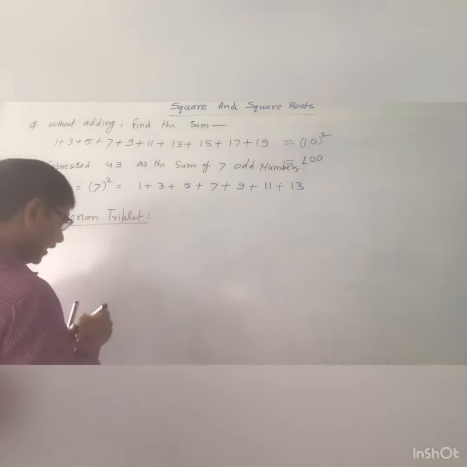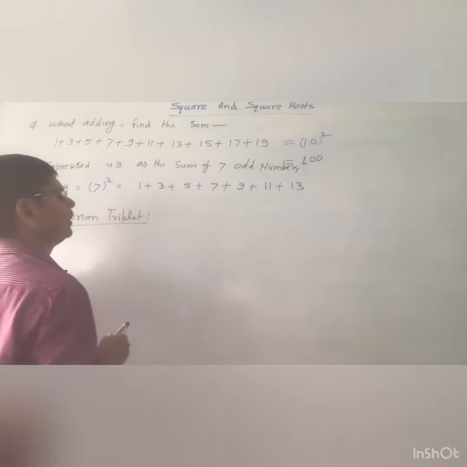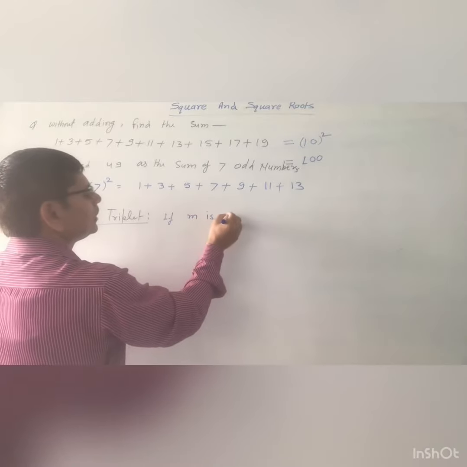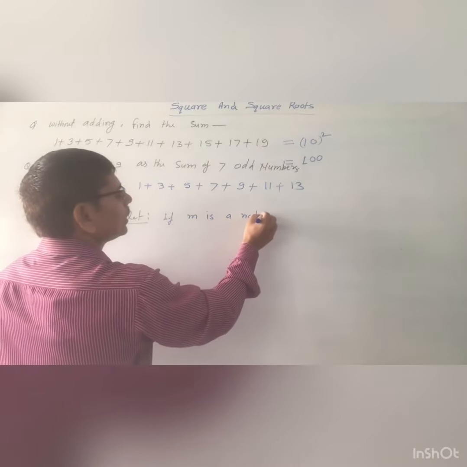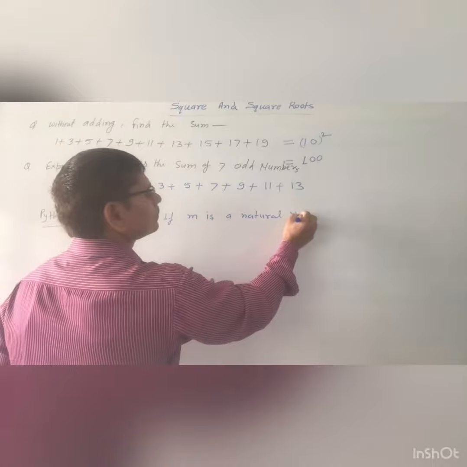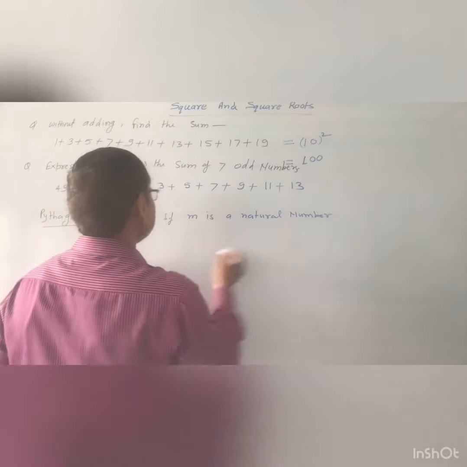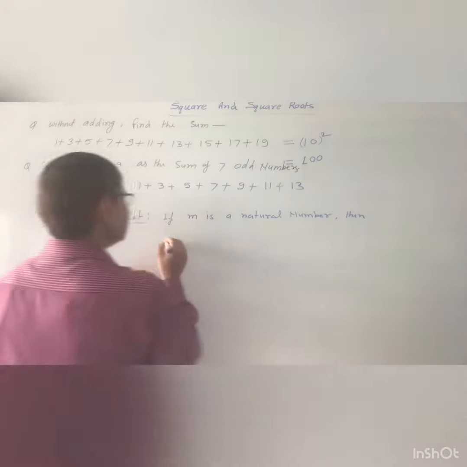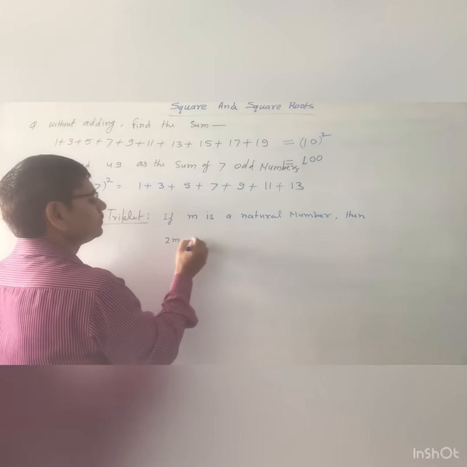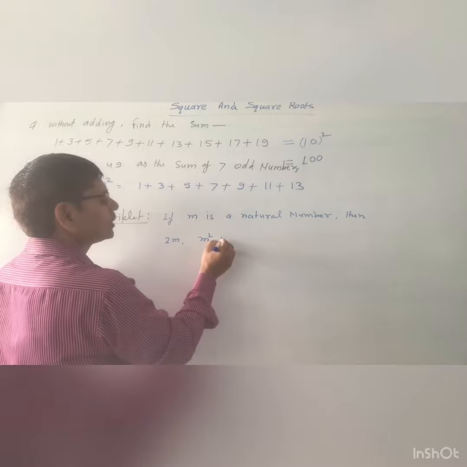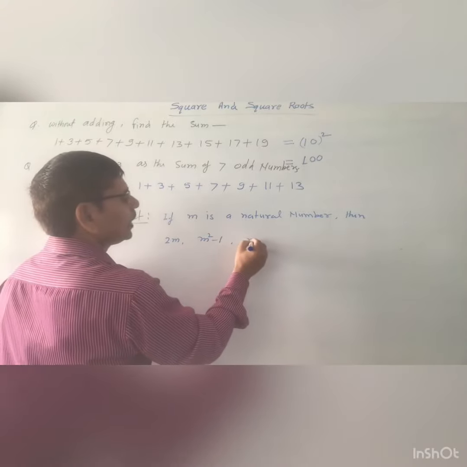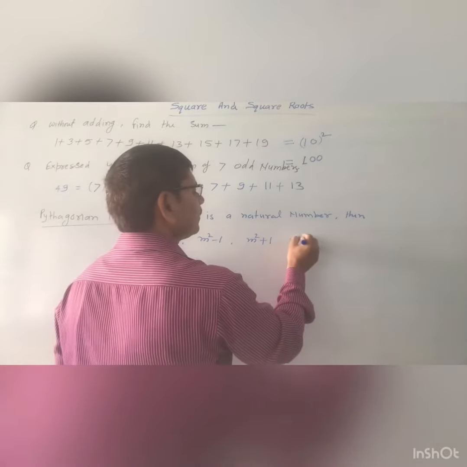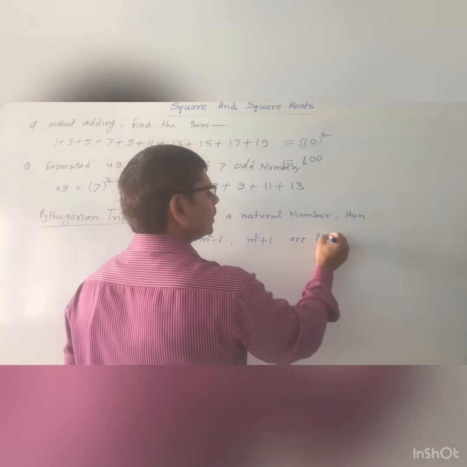If m is a natural number, then 2m, m square minus 1 and m square plus 1 are a Pythagorean triplet.